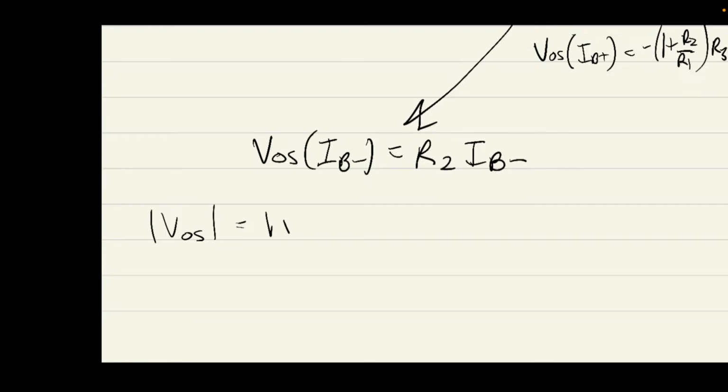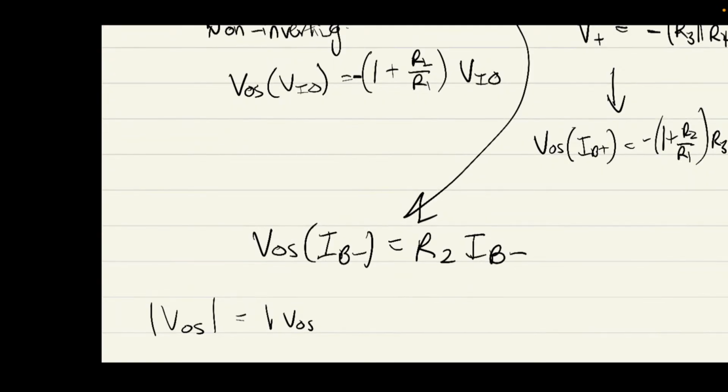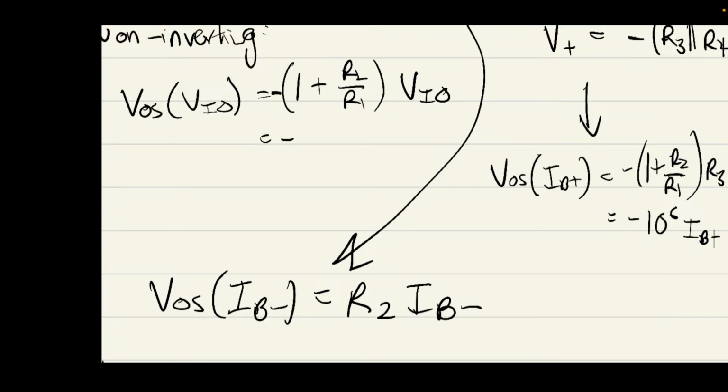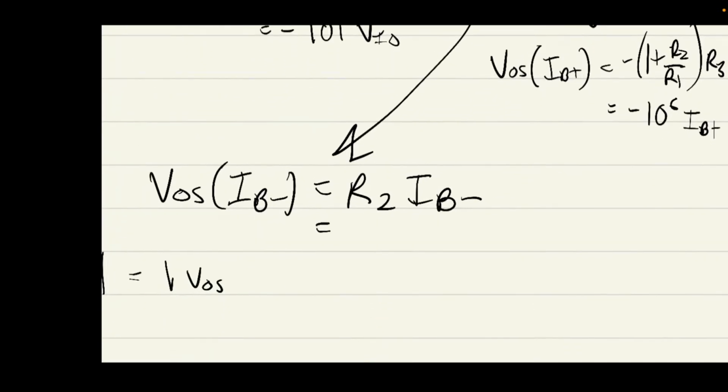So lastly, we can use the formula for the total offset. So this is offset due to IB plus, which I can simplify right now actually. So this is minus 10 to the 6 IB plus, and this is going to be minus 101 VI naught, and the last one here is also going to be 10 to the 6 IB minus.